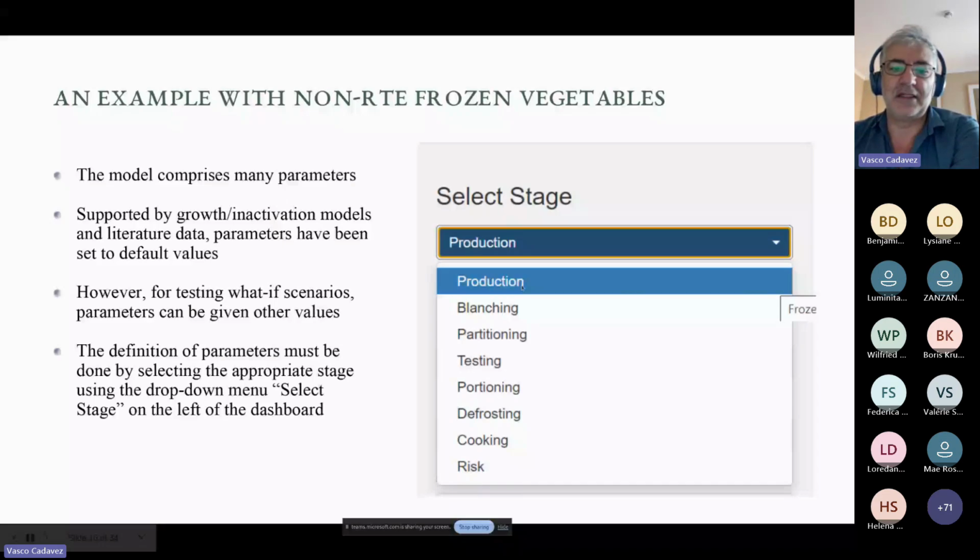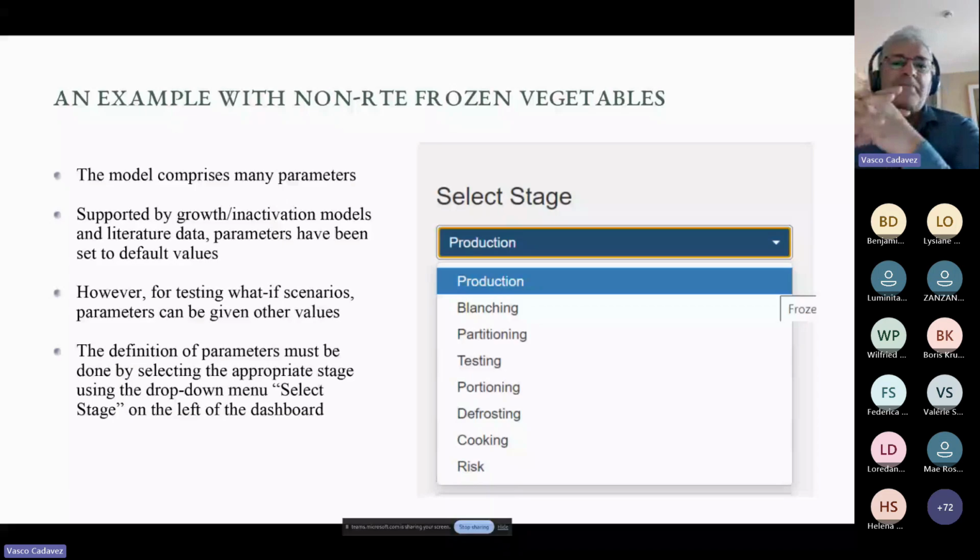In this case, production, blanching. You see, so you can change the select for each specific stage, and you can change the parameters in all the stages. Okay, this select stage can help you in navigating along the process.